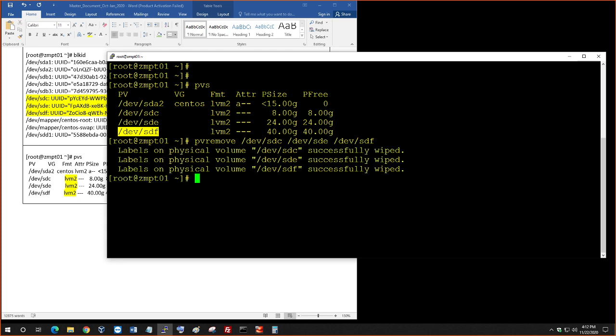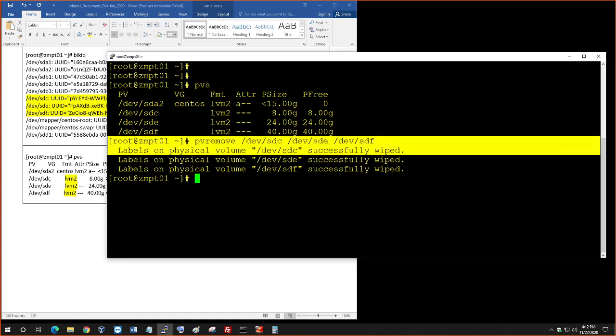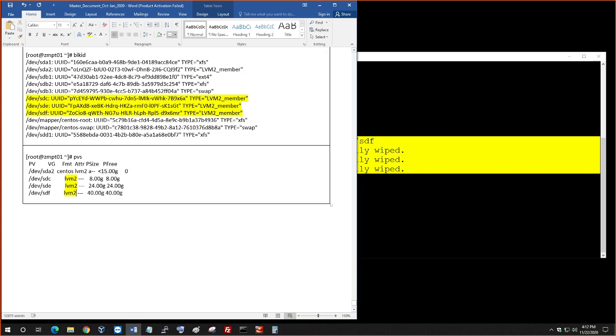Okay, and then I'll hit enter. It says physical labels on physical volume is wiped. So all the data is gone here, so there is no turning back.